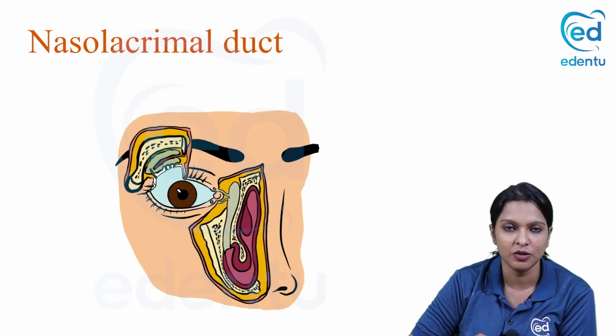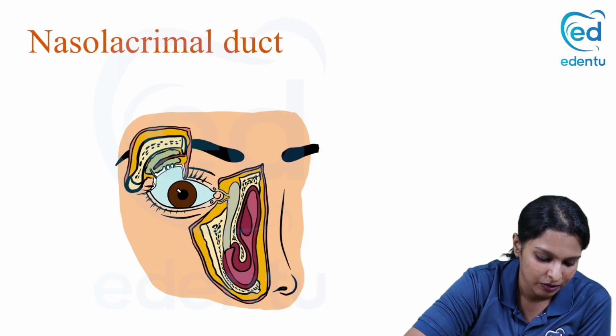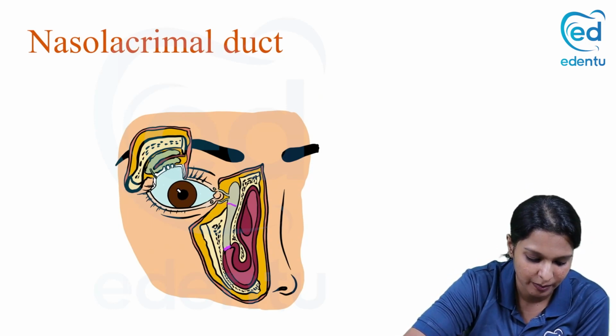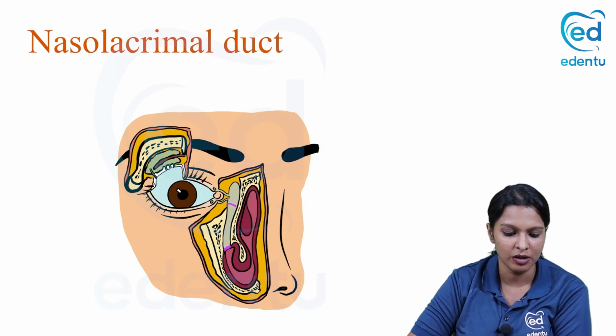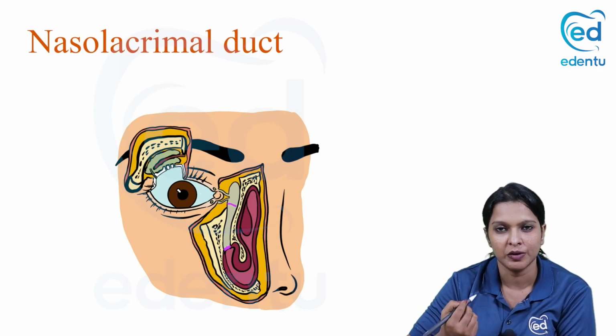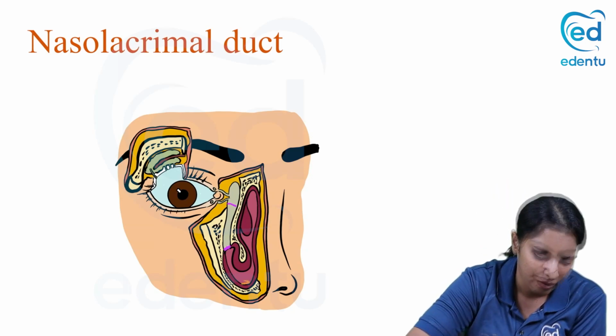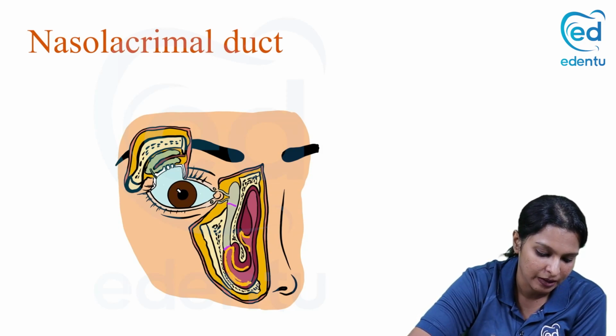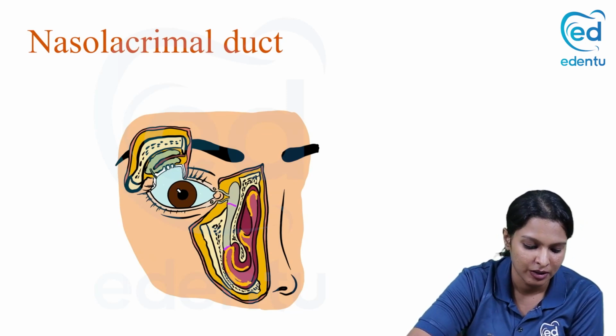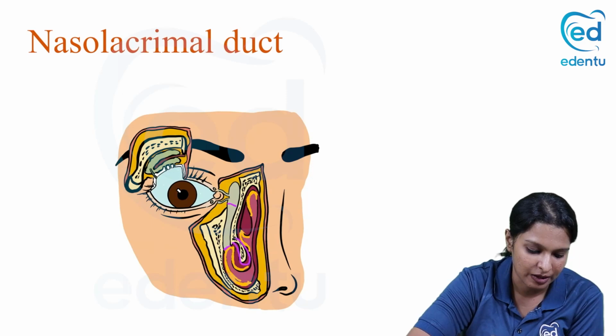Next we are seeing the nasolacrimal duct. This part is about 18 millimeters long. It goes vertically downwards to drain into which part of the nose? This is the inferior meatus of the nose. This is the middle, this is the superior meatus, just to orient. Whereas this is the first shelf, the inferior turbinate.